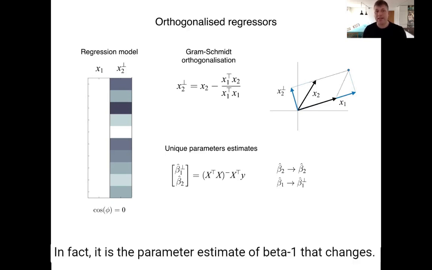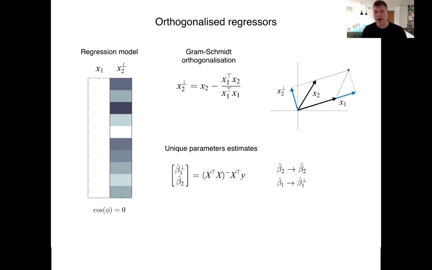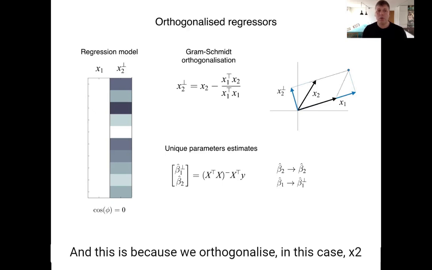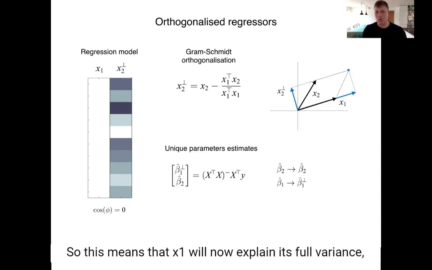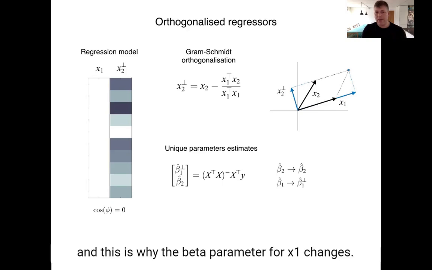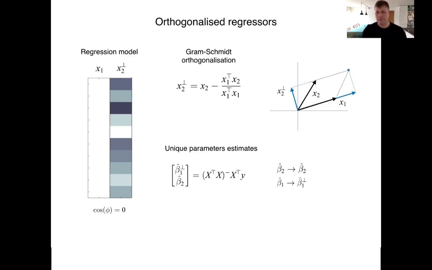In fact, it is the parameter estimate of beta 1 that changes. And this is because we orthogonalized, in this case, X2 with respect to X1. So this means that X1 will now explain its full variance. And this is why the beta parameter for X1 changes.